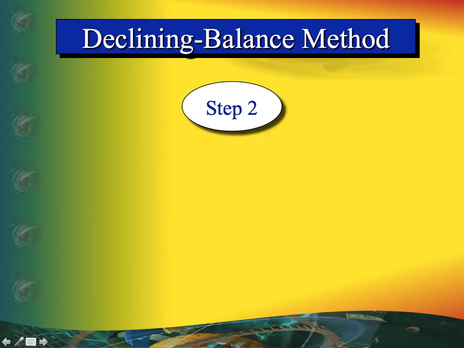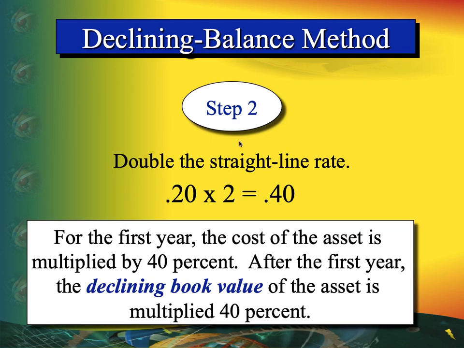Step 2. Double the straight line rate, just like the name, declining balance. It means you have to decline twice to make it balance. So you have to double the straight line rate.